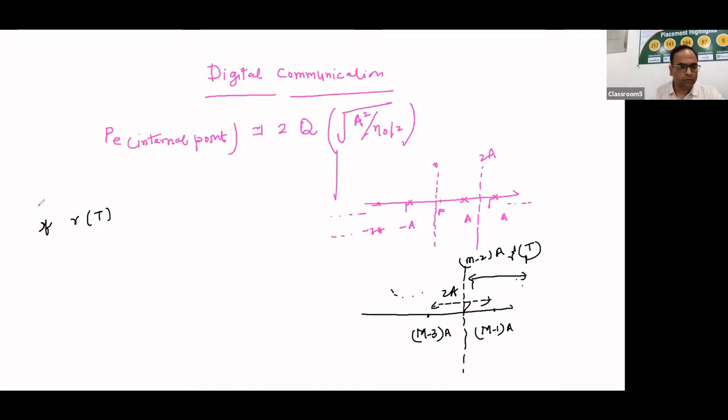Fix the symbol, write down here, consider the endpoint, that is M minus 1 into A. Then if R(t) is less than M minus 2A, then error occurs, right? Then error occurs.